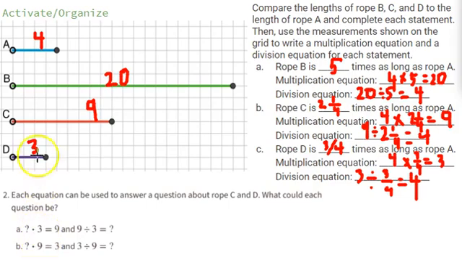Wait, did I say that right? I think I did. No. Rope C, it takes 3 times rope D to make C. So C in this situation is 3 times, and that would be what we'd be figuring out here, the times part. If we take the 9 in rope C and divide it by the 3 in rope D, we find out that it's 3 times different.